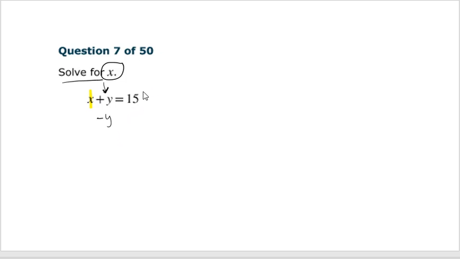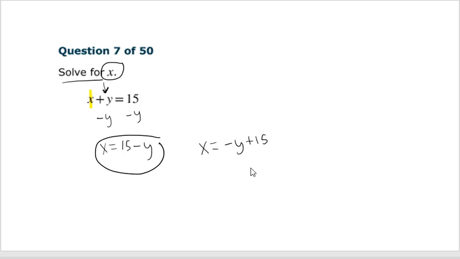And remember that whenever you solve an equation, if you do something on one side of the equation, you have to do the exact same thing on the other side. So this becomes x is equal to 15 minus y, and that would be your solution. Okay, and if you wanted to rewrite this as negative y plus 15, you could also do that.